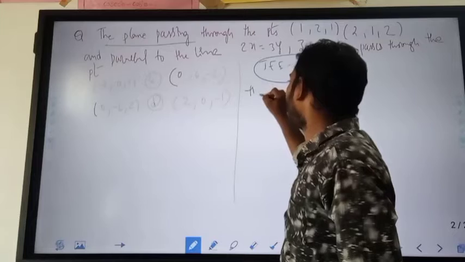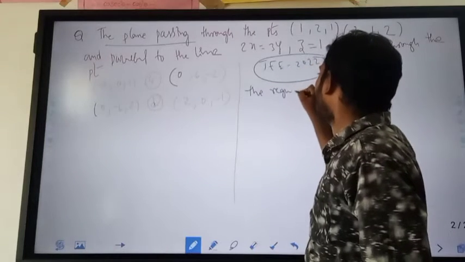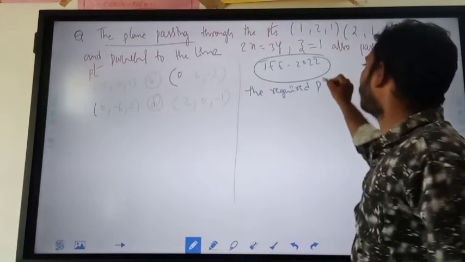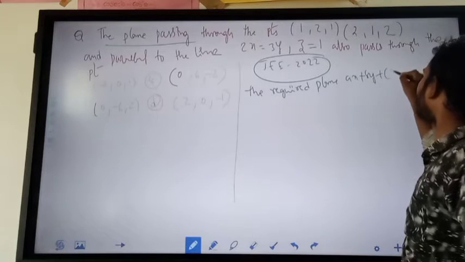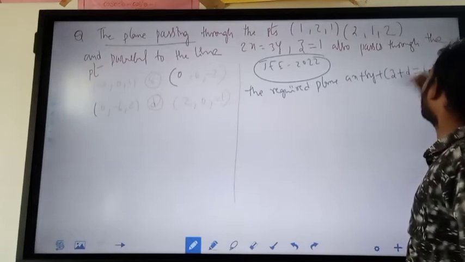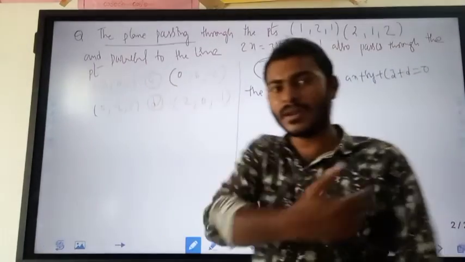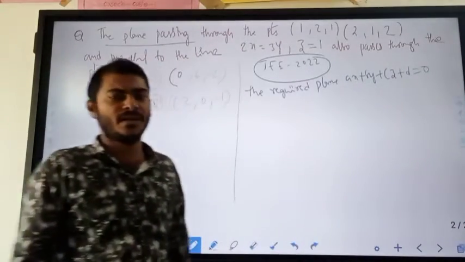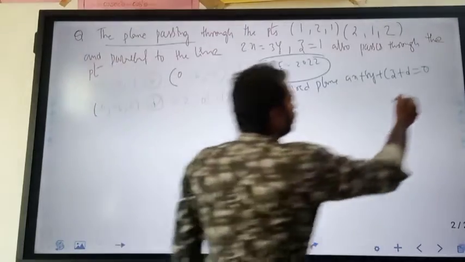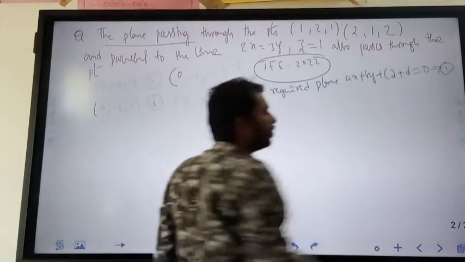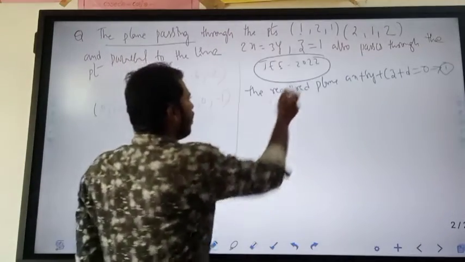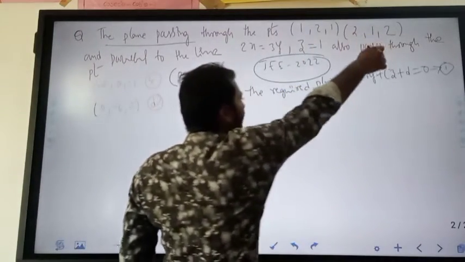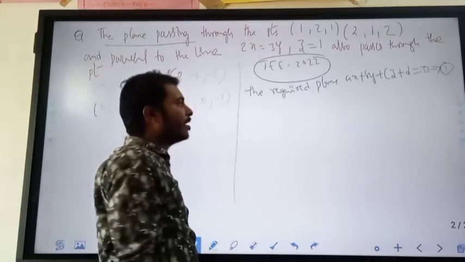So the required plane is ax + by + cz + d = 0. This is equation 1. Since the plane passes through the two points (1, 2, 1) and (2, 1, 2), we substitute them in equation 1.